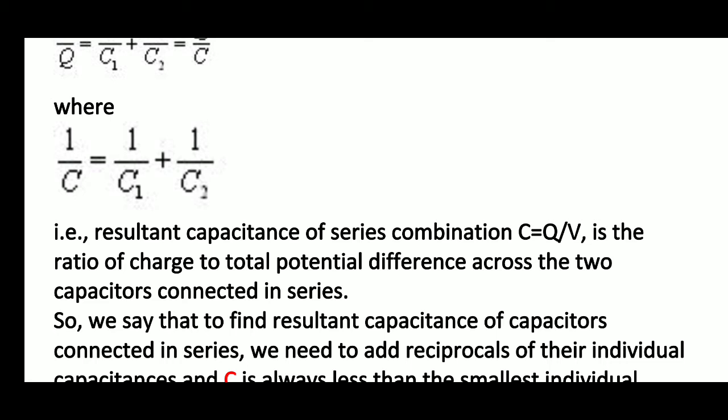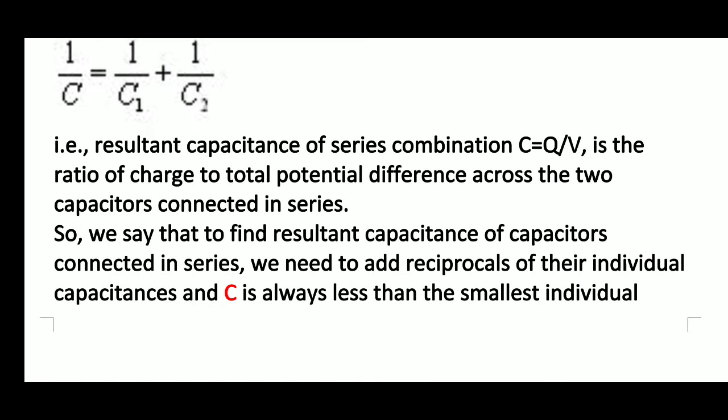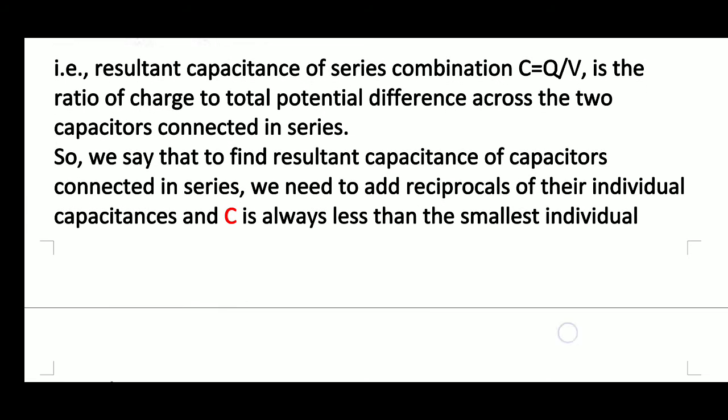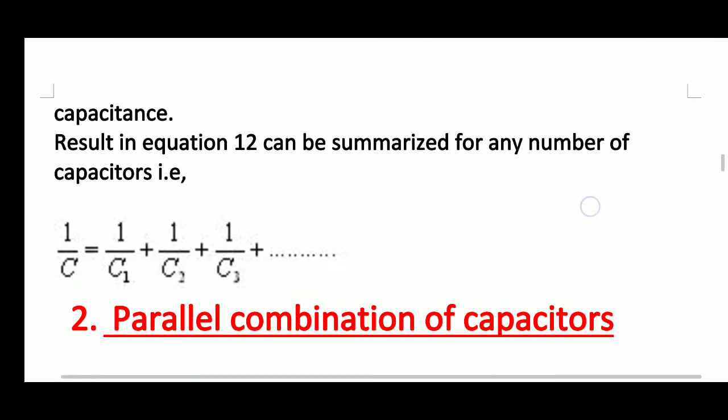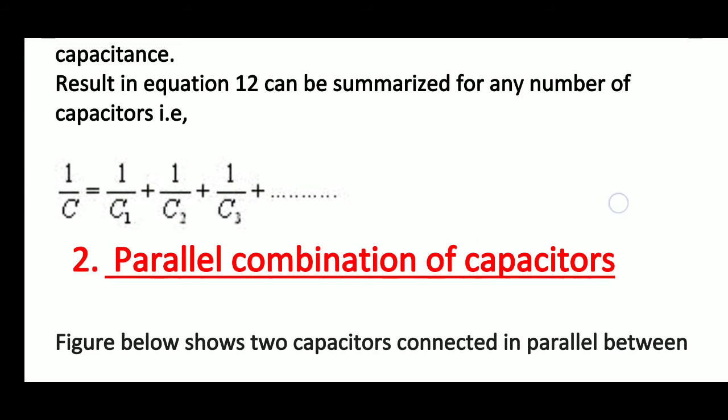So to find the resultant capacitance of capacitors connected in series, we need to add the reciprocals of their individual capacitances, and C is always less than the smallest individual capacitance. In the above equation, 1 upon C is equal to 1 upon C1 plus 1 upon C2 plus 1 upon C3 and so on, for as many capacitors as you have.